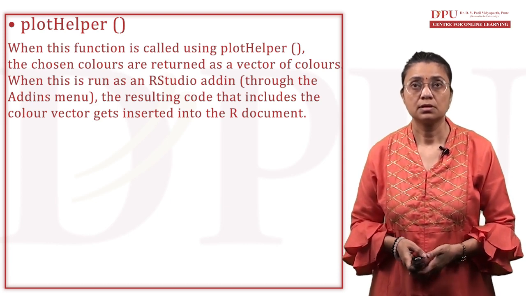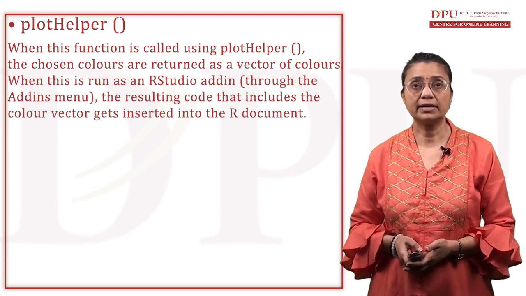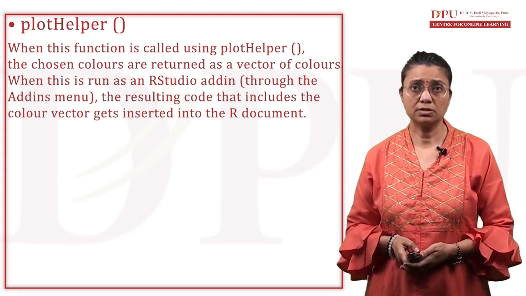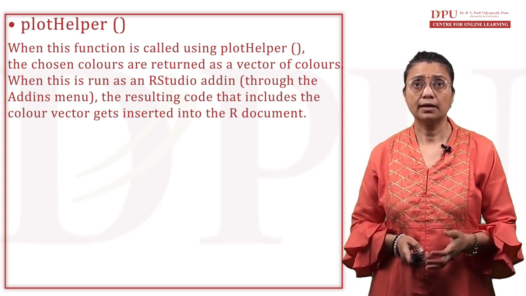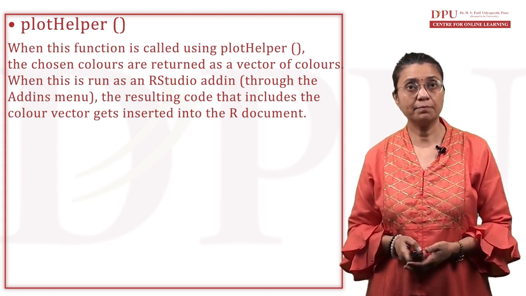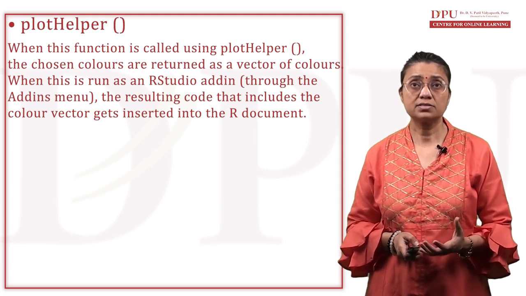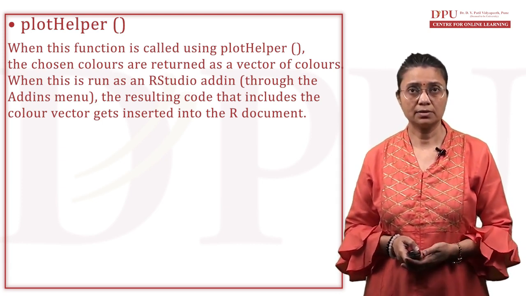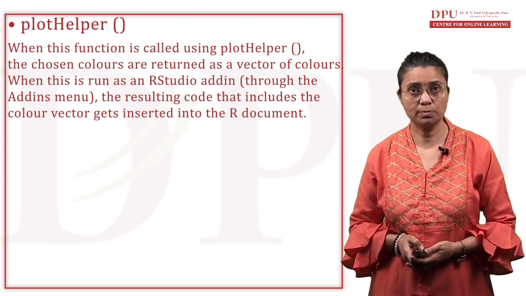So students, with this, let's summarize what we have done. We understood the concept of plot helper, the color input, color picker, library effects, CRAN package, codings and installations related to the Esquisse package, important functions in the Esquisse package.